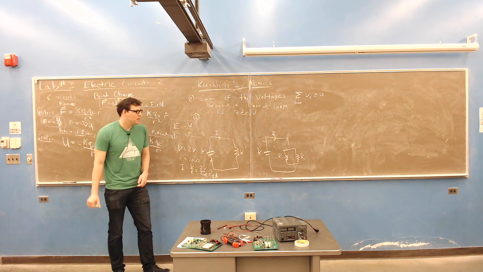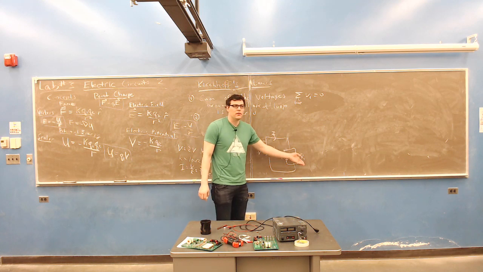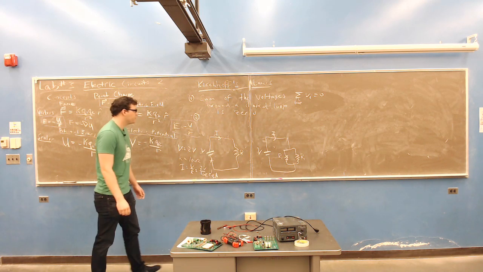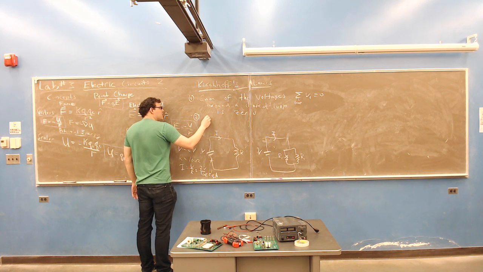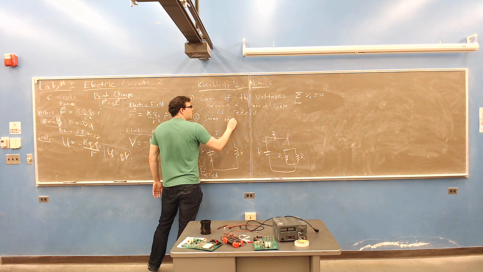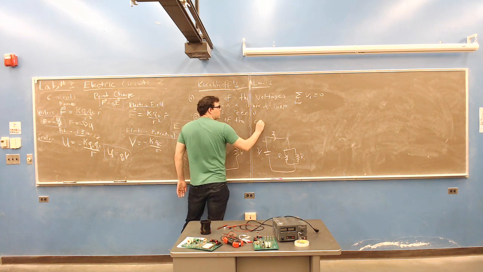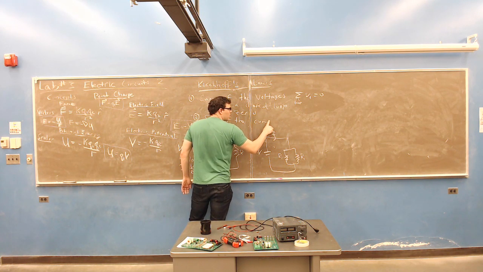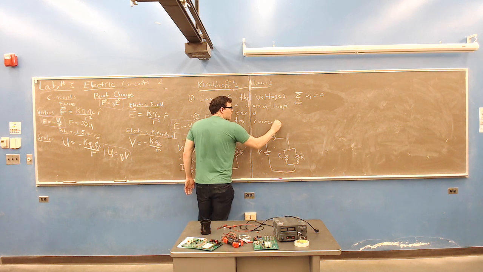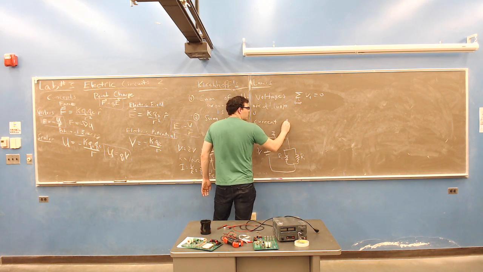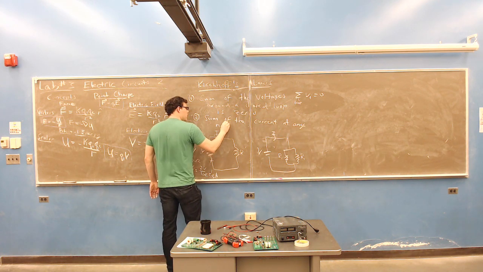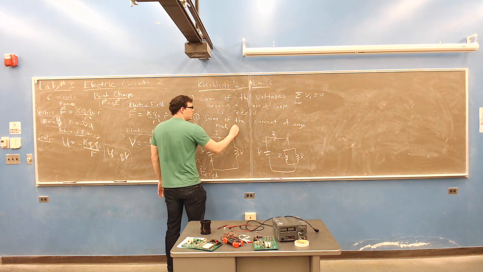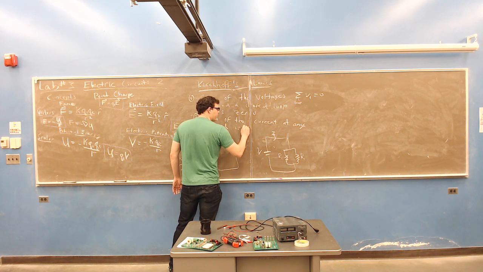Parallel. Yeah, we had resistors in parallel, which we learned last week. All right, and so Kirchhoff's second law says that the sum of the currents at any node is 0.